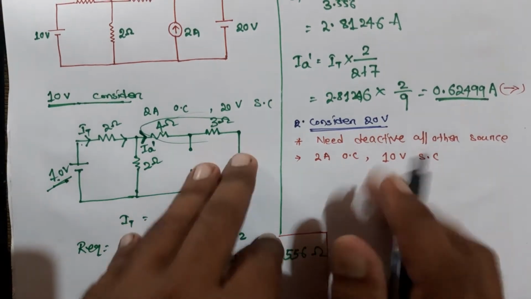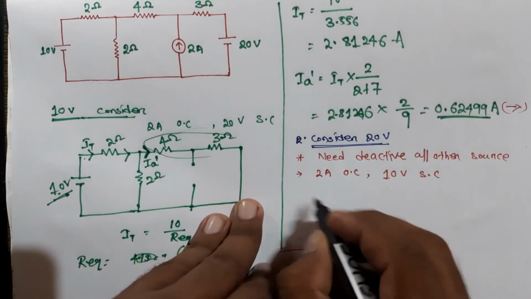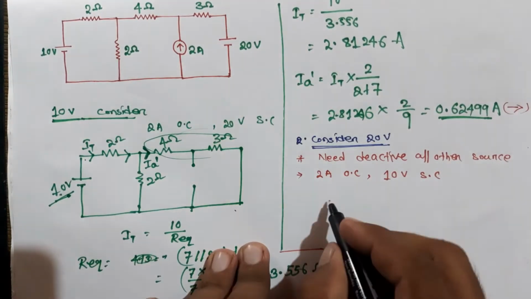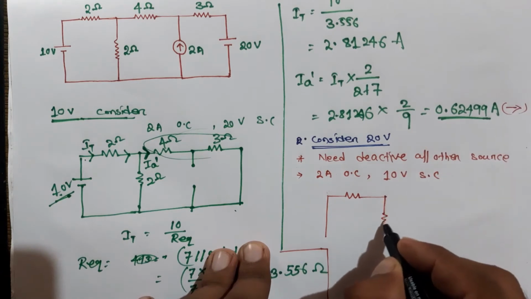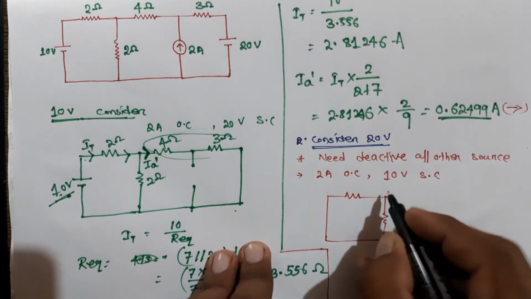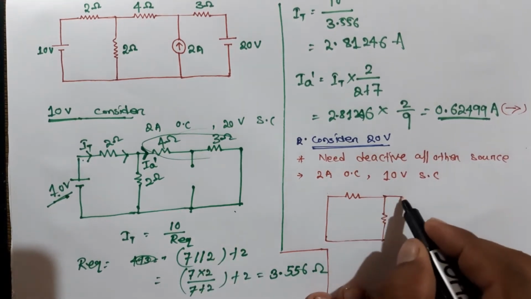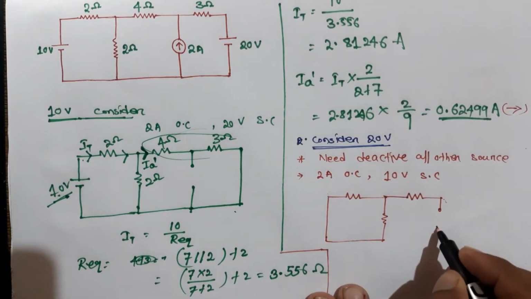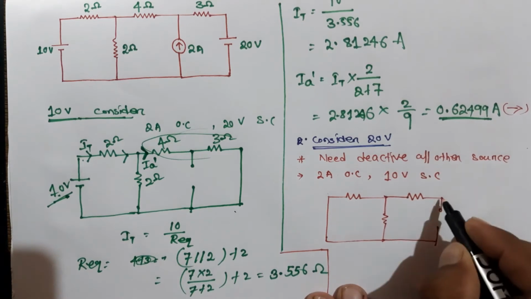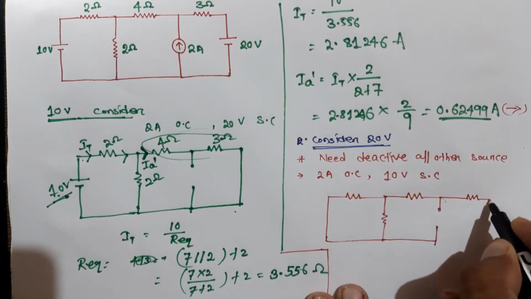Then the modified circuit is: short circuit this 10 volt, and this is as usual 2 ohm, and this is 4 ohm. The 2 ampere is open circuited, and this is 3 ohm.